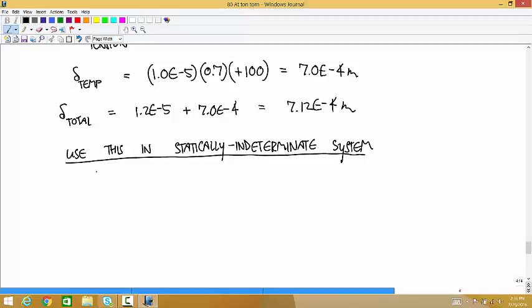So let's say you have a bar that's connected to the floor and the ceiling. It's 1 meter long.